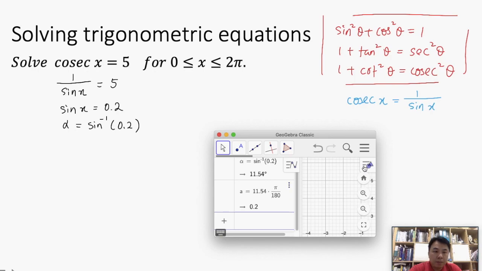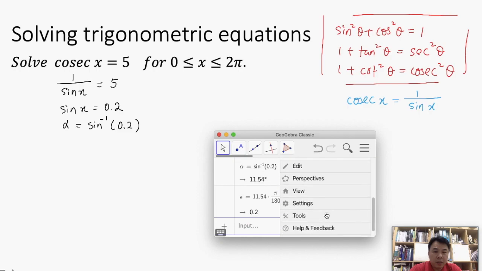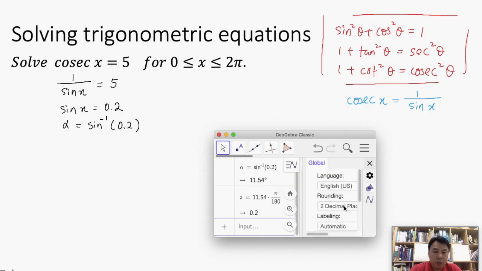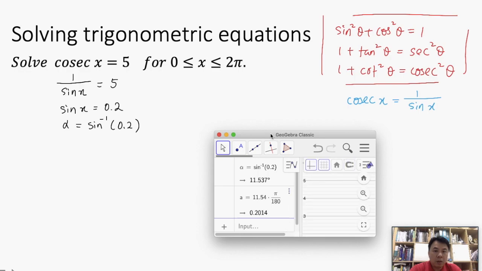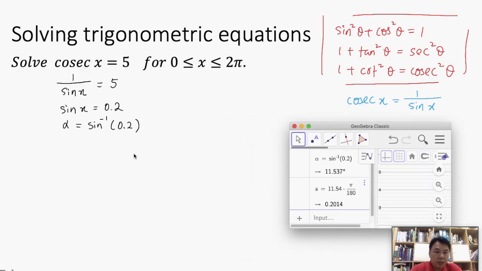Let me get more decimal places so that it's easier. The reference angle that I have obtained is 0.2014. That will be my reference angle.